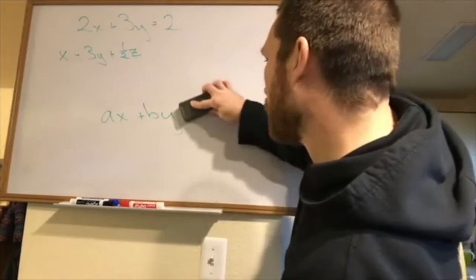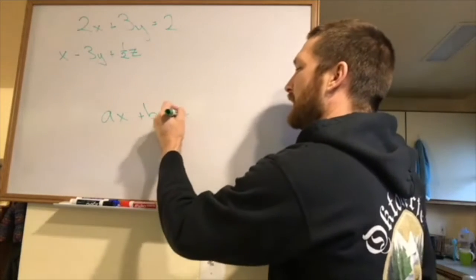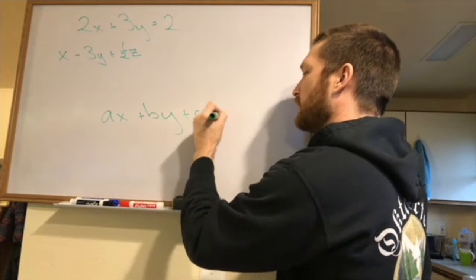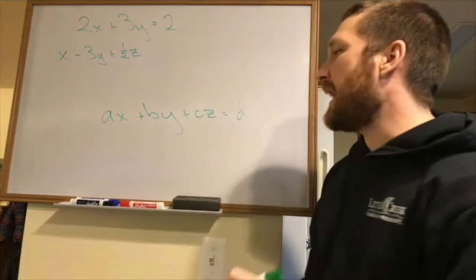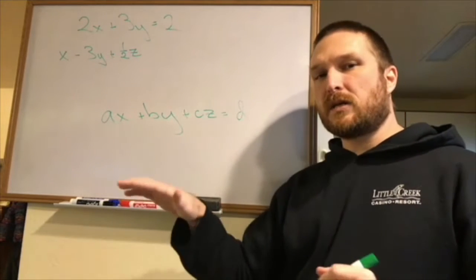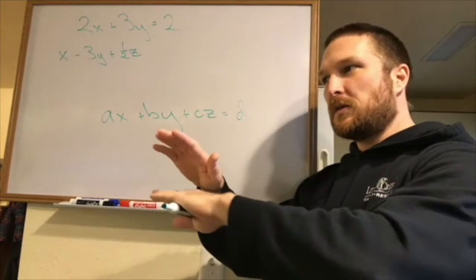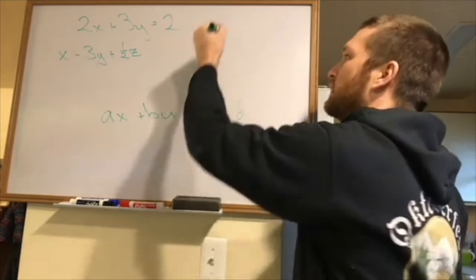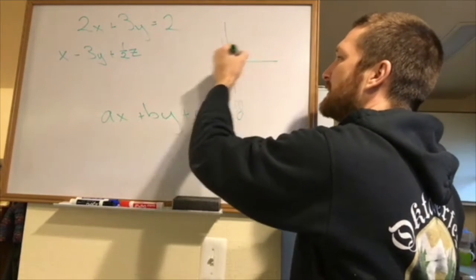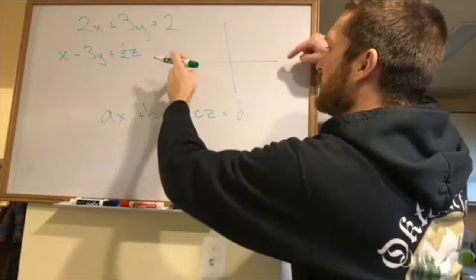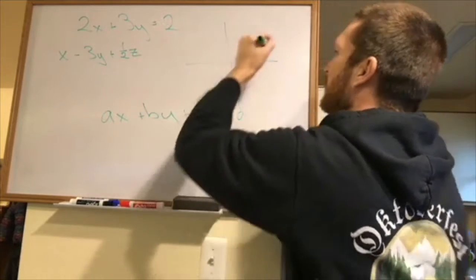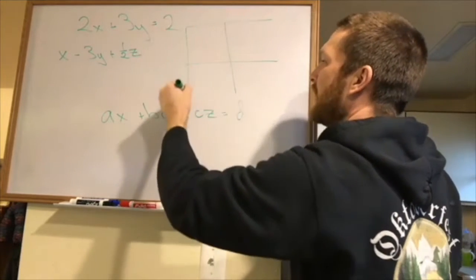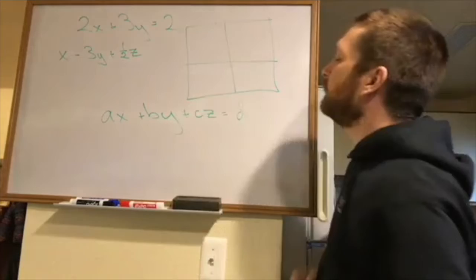Adding one more variable into the mix, with some number d, gives you a plane, which is like what you get if you imagine the y-axis and the x-axis, and you drag the y-axis all along the x-axis, you would have a plane.